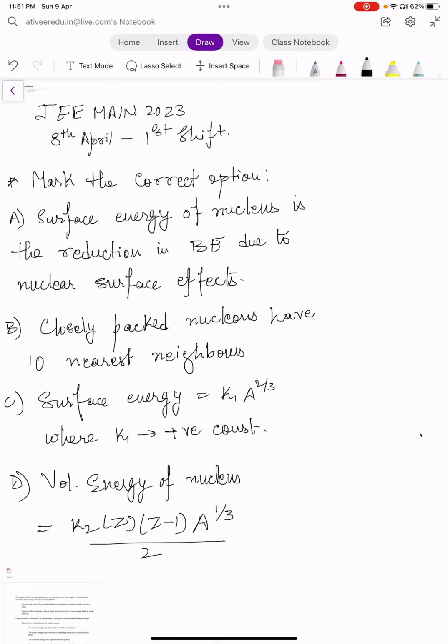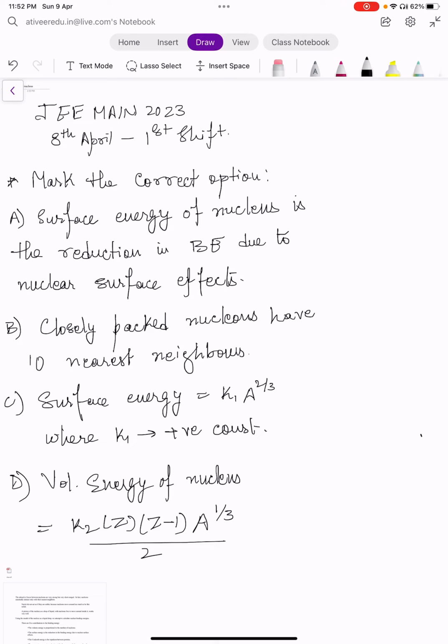Now the specialty of this question is that it is related to surface energy of nucleus, and the concepts are somewhat of higher level. From the physics point of view, it is a very nice concept, a nice theory, based on the liquid drop model of the nucleus, which itself is a research type topic, for which a lot of research is needed.